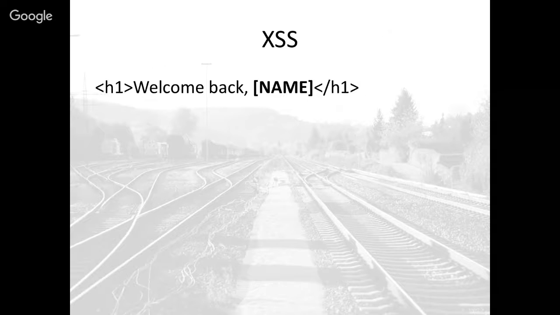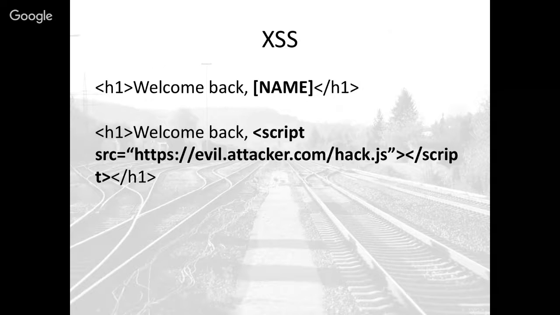So the case we want our legitimate users to follow is that someone signs up to this page and says, hello, I'm Justin Bieber, and it comes out and says, welcome back, Justin Bieber, right? However, what an attacker ends up doing is they decide that their name is script source equals blah, blah, blah, and instead of welcoming the user back, it runs the script.